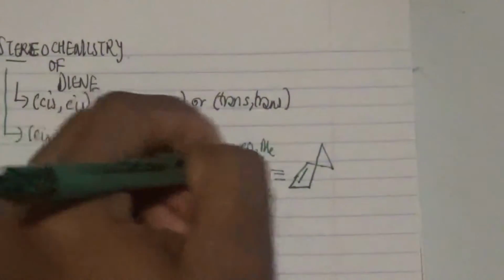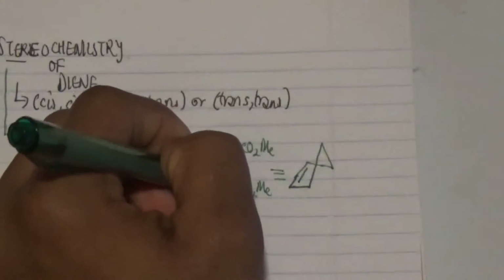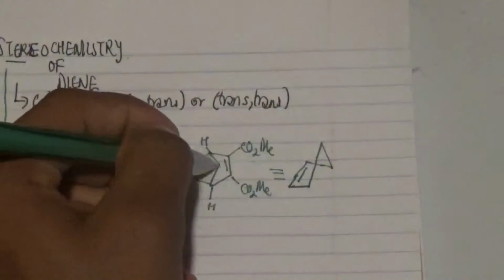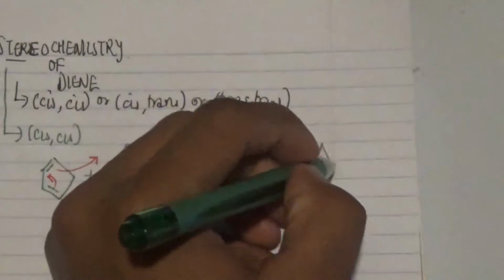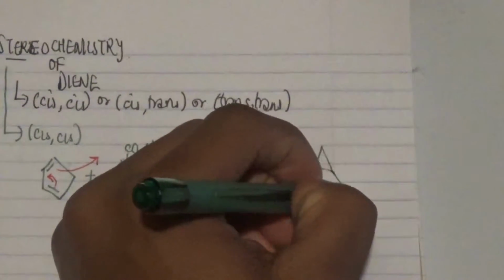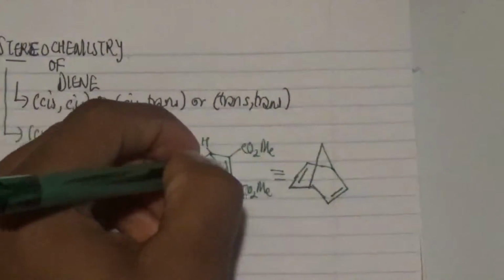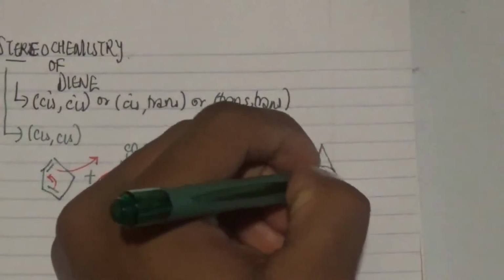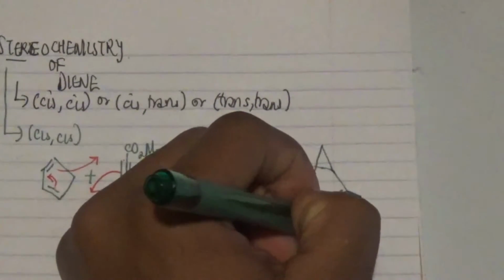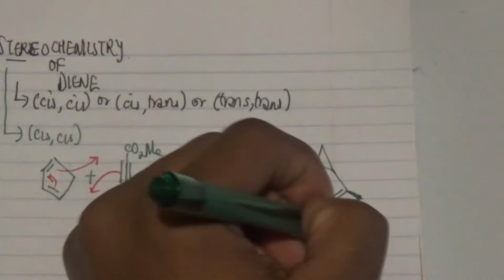It's a double bond which is over there. This bond that has been formed over here is actually pointing upwards, and over here we have our other double bond. And take note that these groups over here are cis with respect to each other.